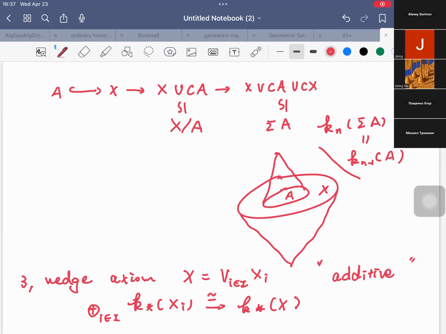Well, there's a stronger version of the wedge axiom, which requires the functor to commute with arbitrary unions of sub CW complexes.